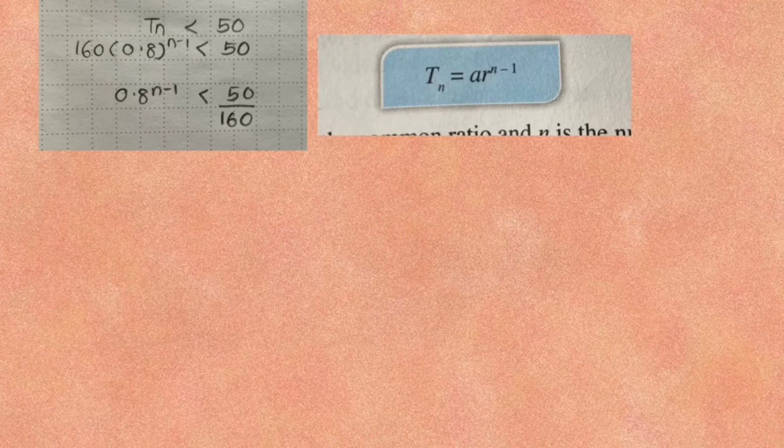So for the first step, Tn is less than 50. We know Tn equals ar^(n-1). So just substitute the values a equals 160, r equals 0.8, and n is unknown because we don't know the number of bounces. So bring 160 to the other side and we simplify to get 5 over 16. So now n - 1 is the power.